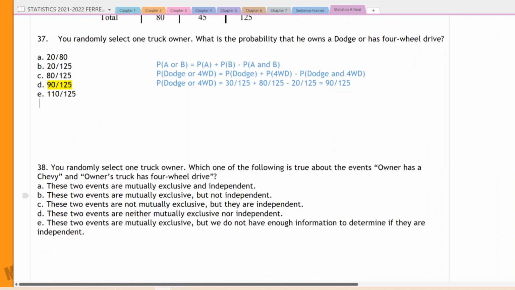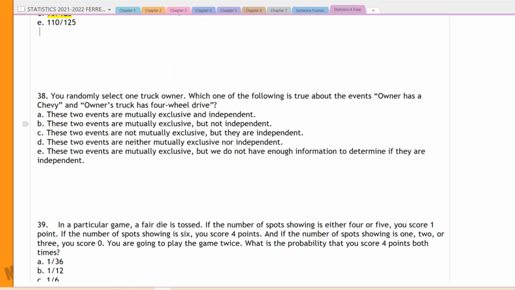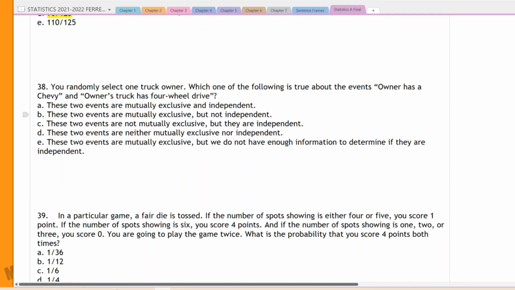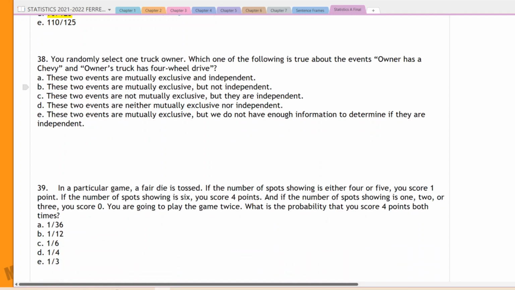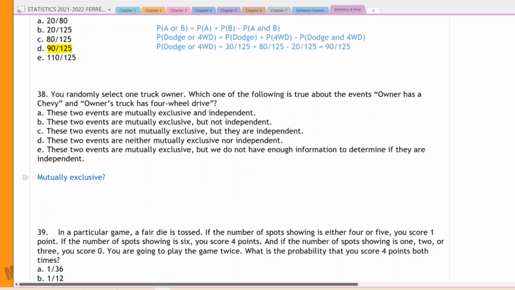Let's take a look at 38. You randomly select one truck driver, and which of the following is true about the events? Owner has a Chevy and owner's truck is four-wheel drive. So the first thing I'm going to check is, are they mutually exclusive? Well, let's see.